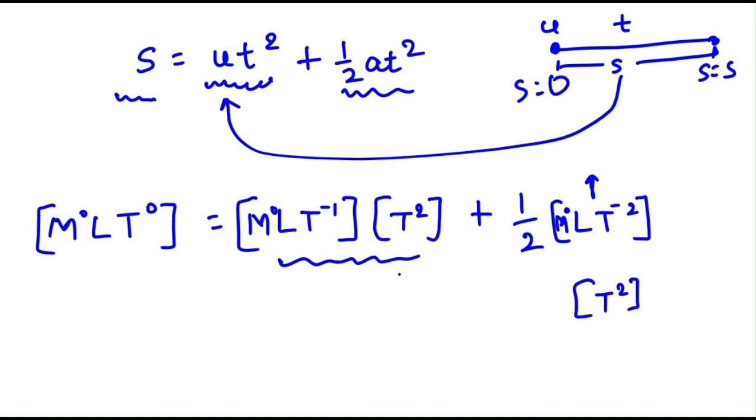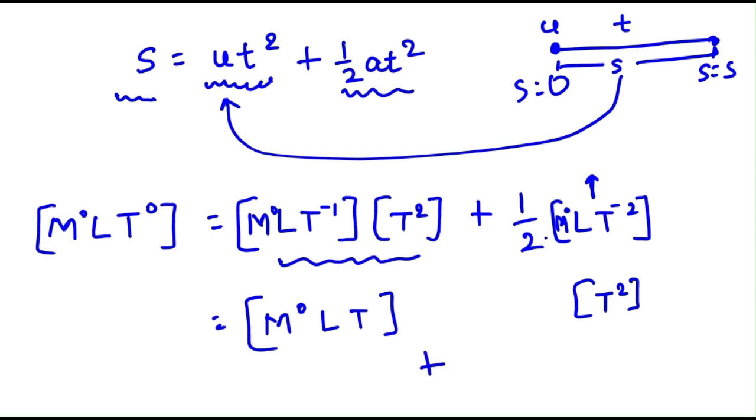Let's solve a little bit more here. So this will be M0 L t to the power here. It will be 1. Here we have power 2, here minus 1. These two will be giving minus 1 plus 2, that is 1.